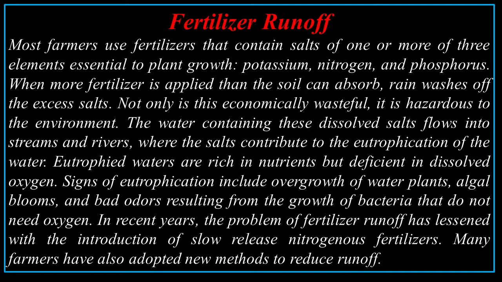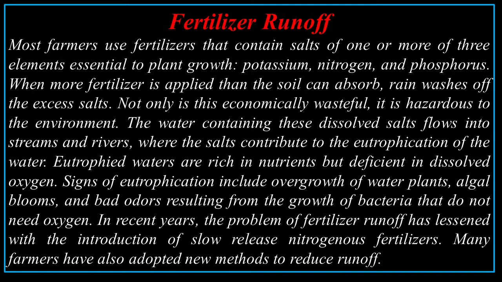The water containing these dissolved salts flows into streams and rivers, where the salts contribute to the eutrophication of the water. Eutrophied waters are rich in nutrients but deficient in dissolved oxygen.